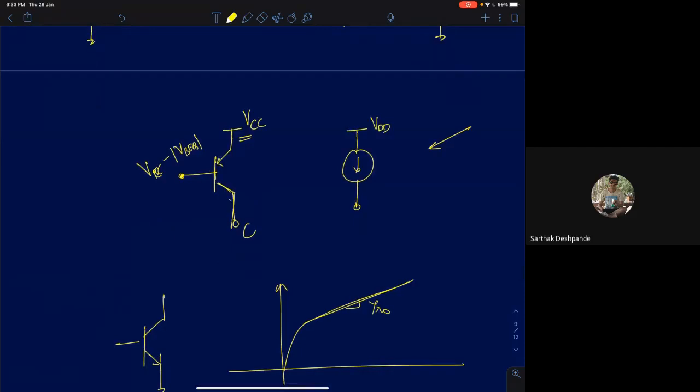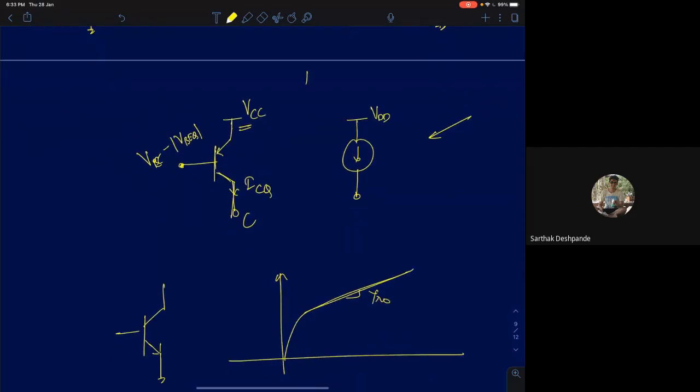Then the collector current is ICQ, given by alpha IS e power mod of VBEQ by VT. Now I will find what the value of mod VBEQ should be, which will be VT ln of ICQ by alpha IS. Just solve this equation and you will get it.